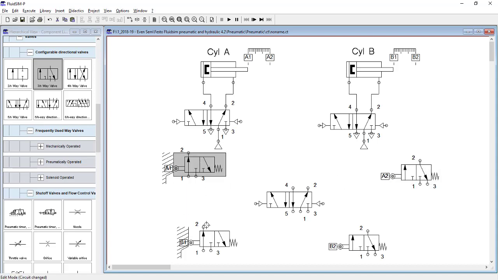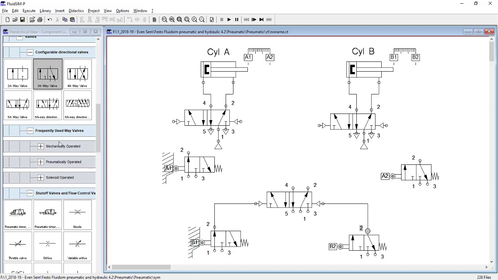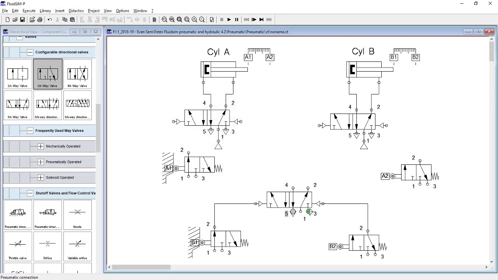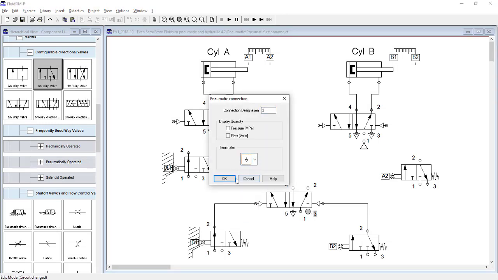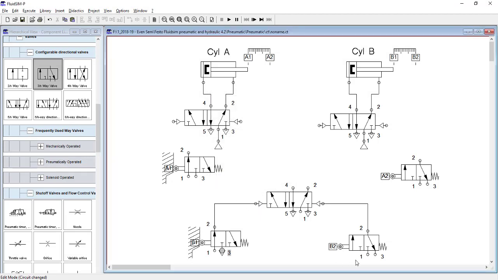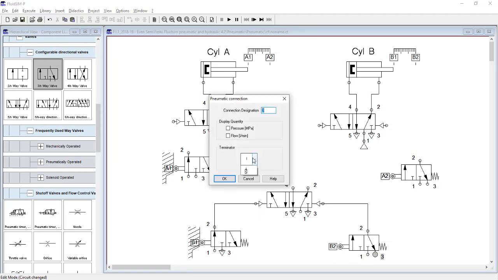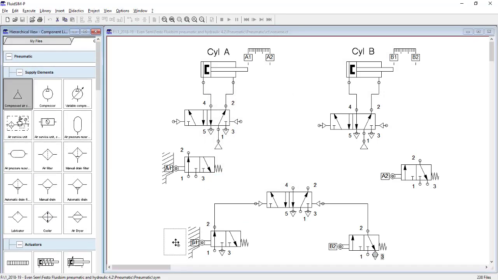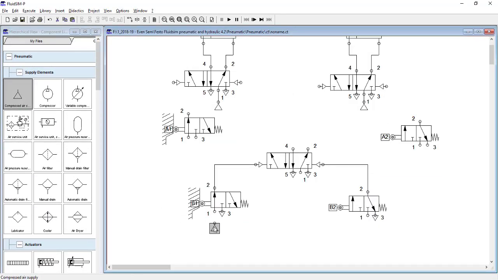Okay, so here we will connect B1, and over here we will connect B2. Right? I will just put this exhaust over here and here, just so that I don't forget. This can always be done at the end also, no problem about that. I'm just putting it over here right now, and here is my compressor.